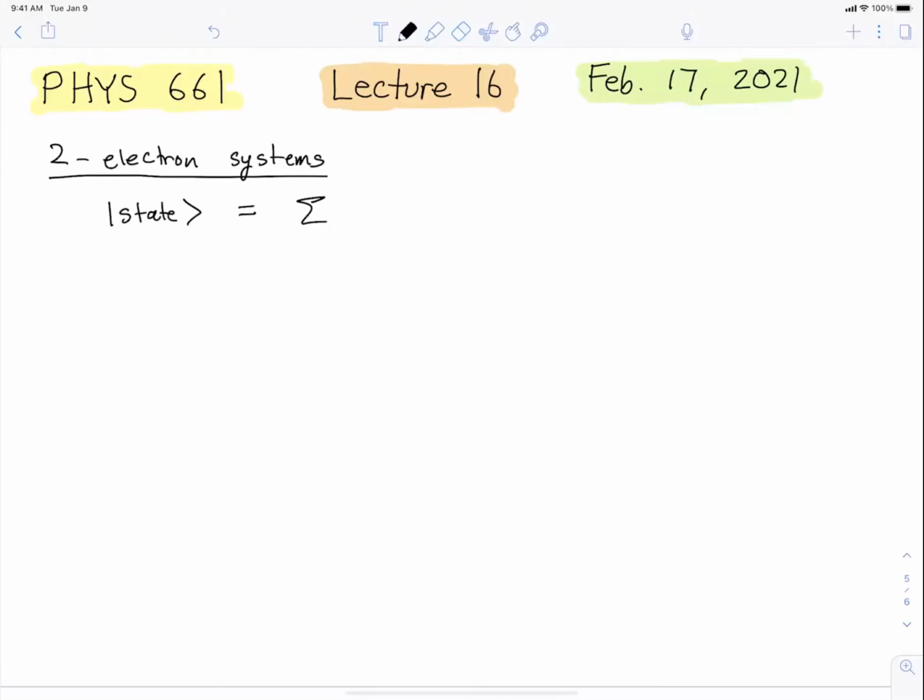as some linear combination, which I put a summation sign for, over the spin parts of the state, tensor product with the spatial parts. Okay, and last time we talked about the fact that the spins we can write as a linear combination of the following things.